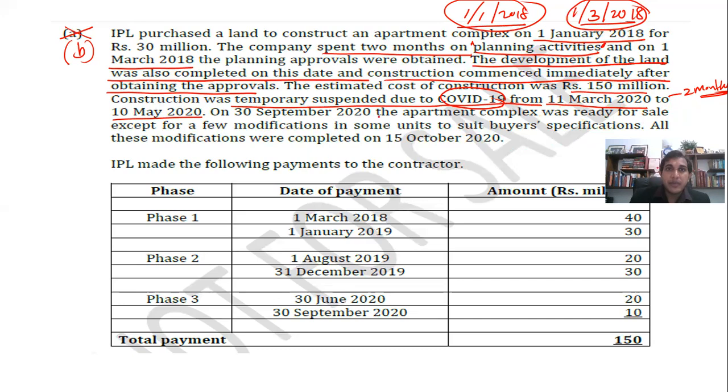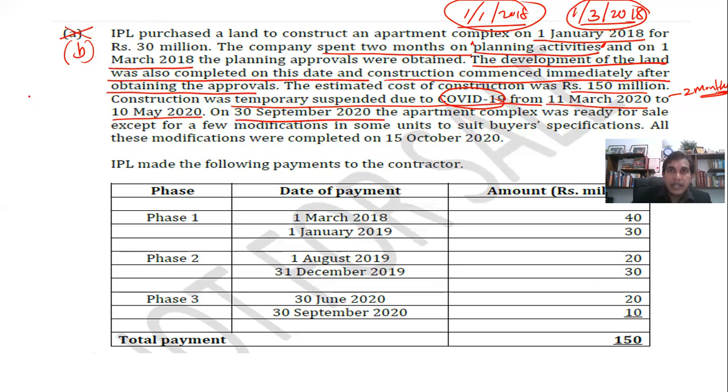On 30th September 2020, the apartment complex was ready for sale except for a few modifications to suit buyers' specifications. Disregard the few modifications. You need to stop your capitalization on 30th September 2020.